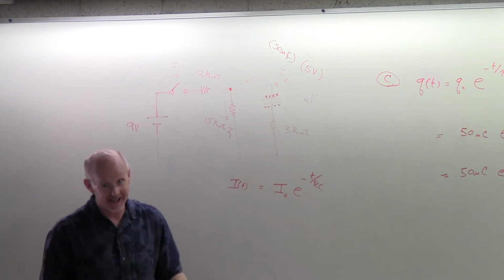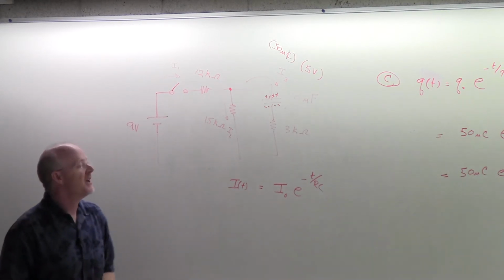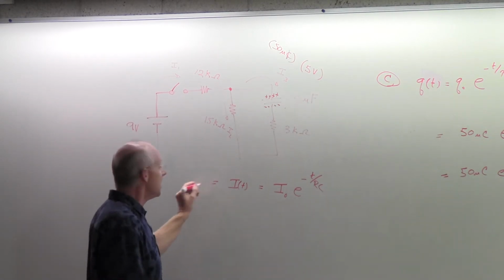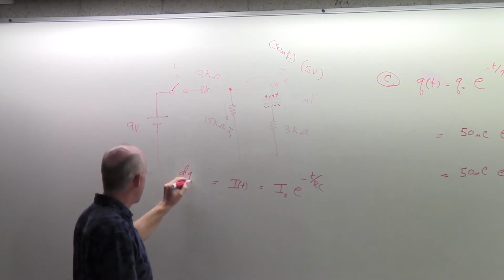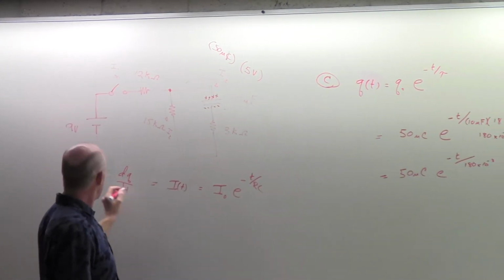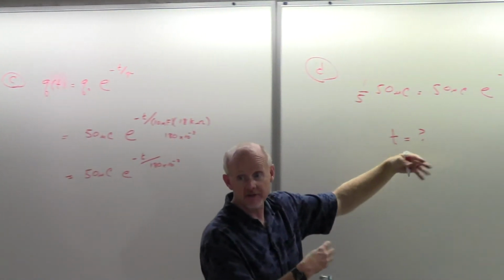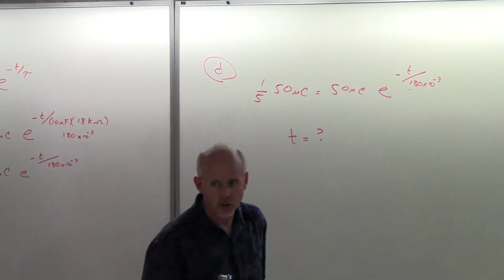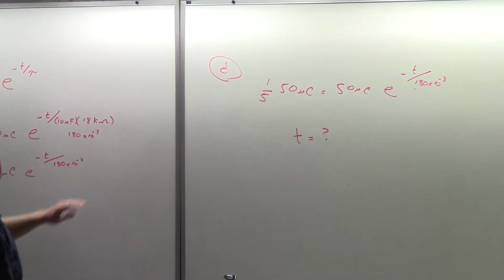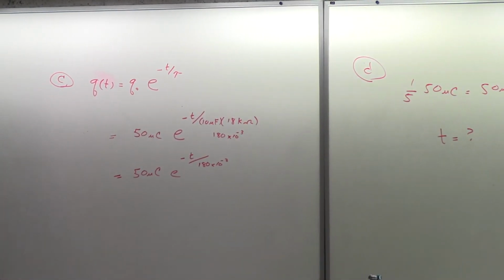Or were you going to say, I did it in circuits? Okay, but this is the derivative of that. Since we worked out that, I jumped to D first because it asked for the charge and that was our basic equation. But I can jump back to C now, take that, take its derivative, which would give me this.